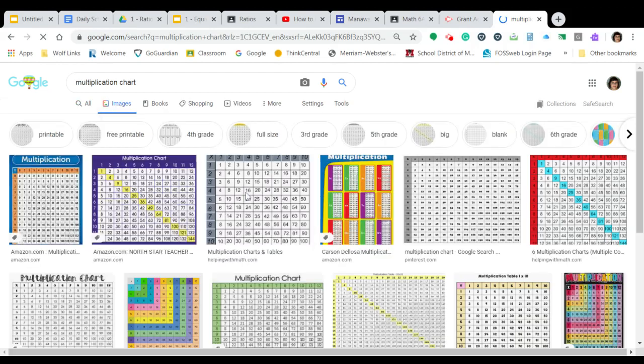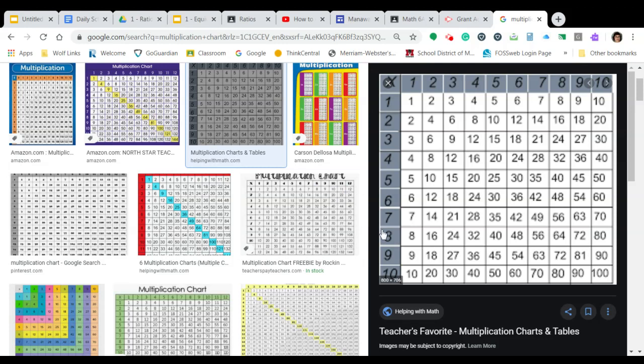And if you go to images, so here's a multiplication chart we can look at. And if we look at our 8s, 8 goes into 64 8 times. 8 also goes into 56 7 times.